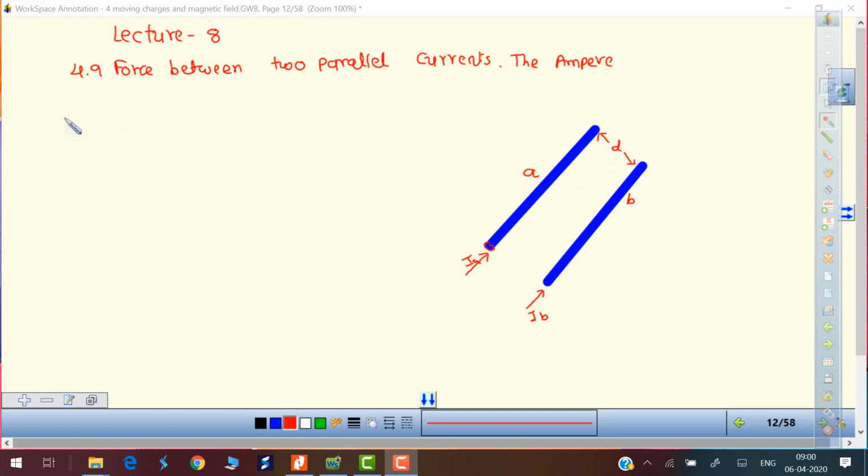These two conductors are separated by a distance d, both are parallel. Conductor A carries current IA.